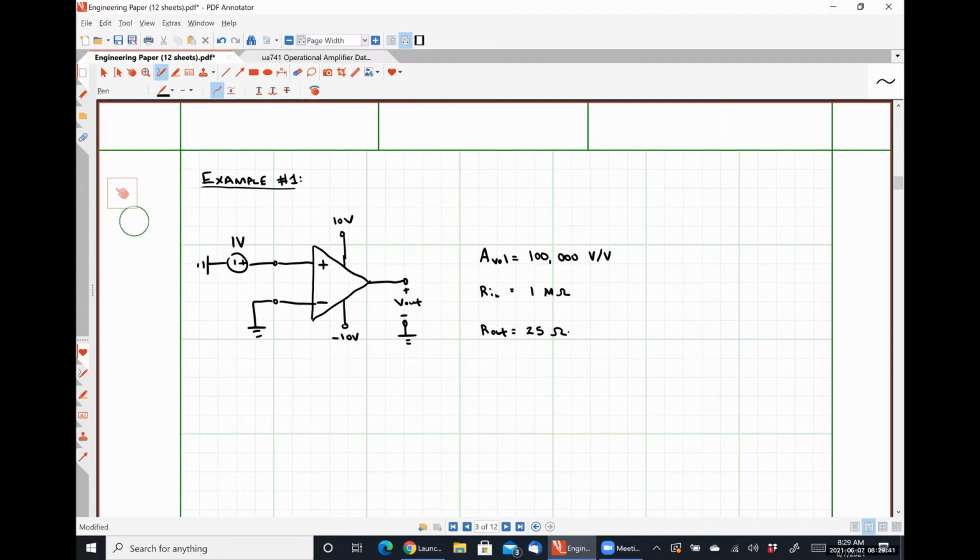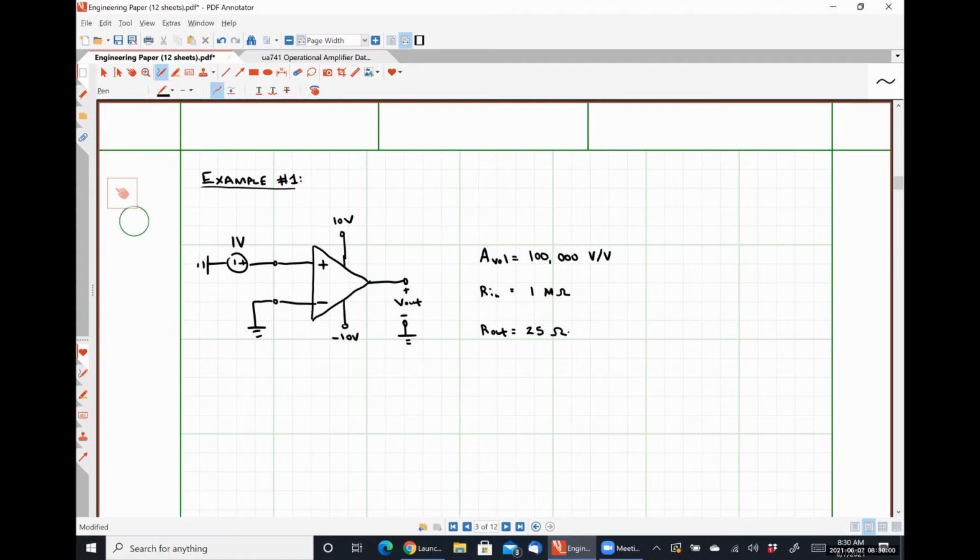For a MOSFET based op-amp, it's about 1,000,000 times too small. Our output resistance of 25 ohms is actually a little bit larger than what we would typically see. So I'm breaking this down to something that's less than ideal, and we're going to look at how it behaves.